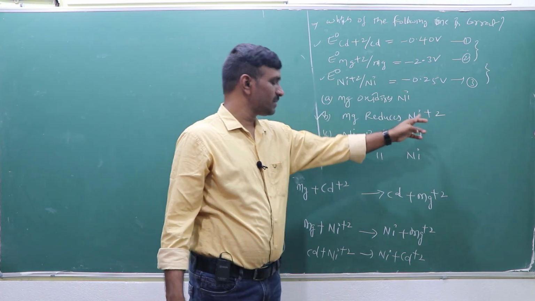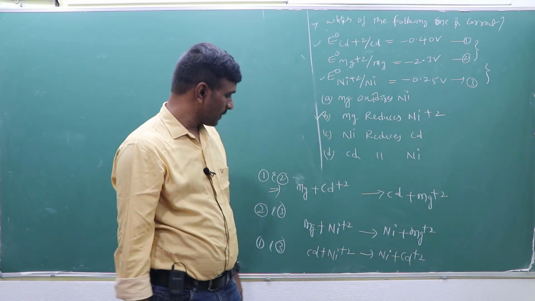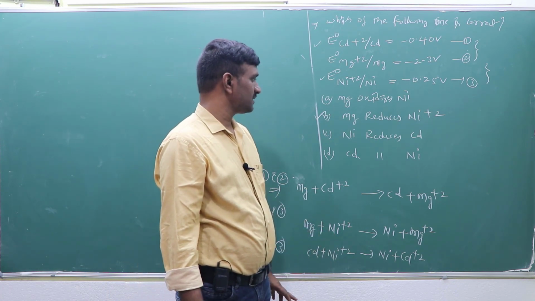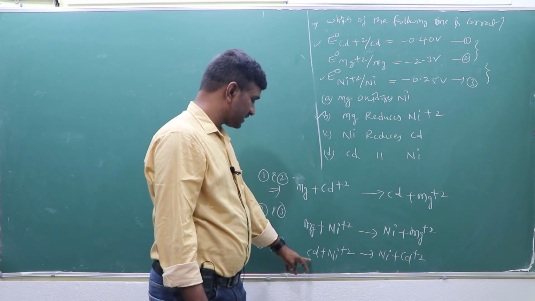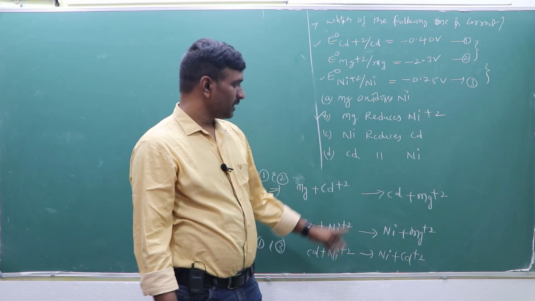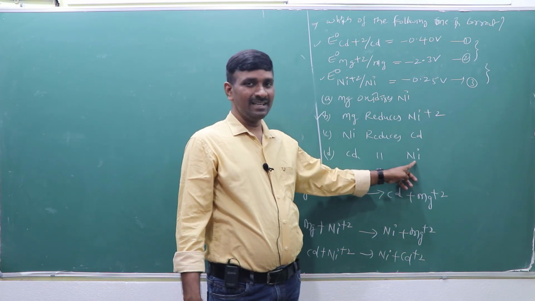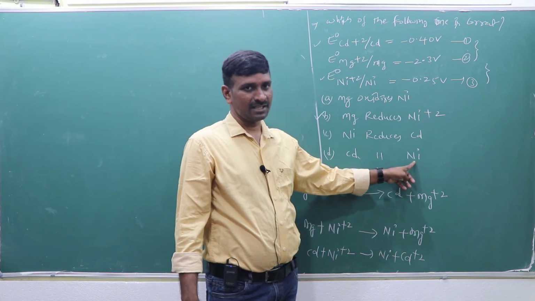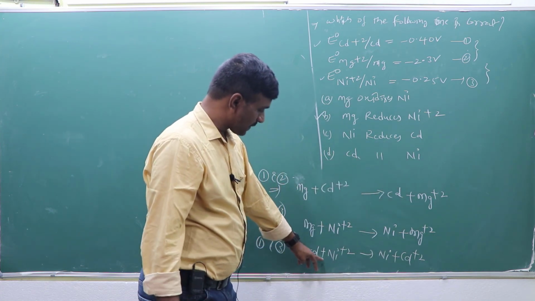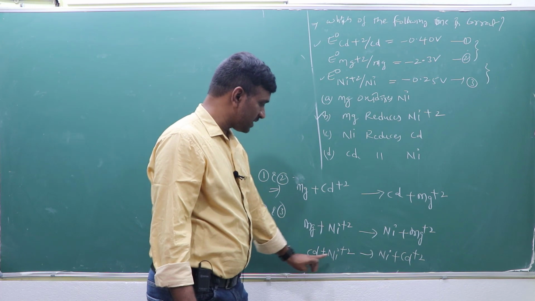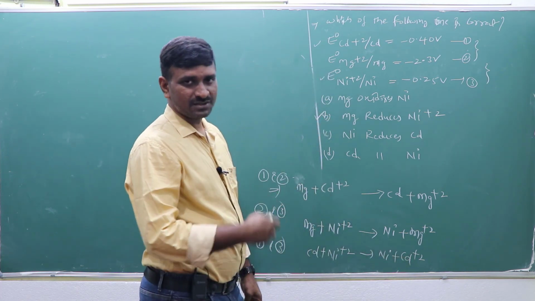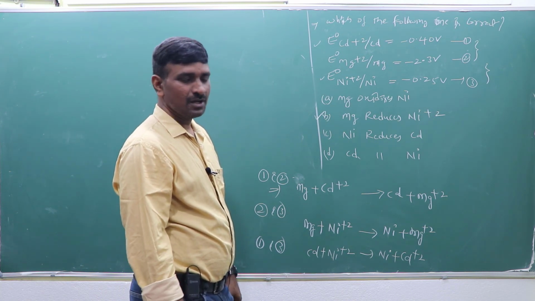And nickel plus 2 oxidizes magnesium is not there. Next, cadmium reduces nickel plus 2 to nickel. Cadmium reduces not nickel plus 2, so this is not the correct one. Next, nickel plus 2 oxidizes cadmium to cadmium plus 2 is not there. So the second option is the correct one from these statements.